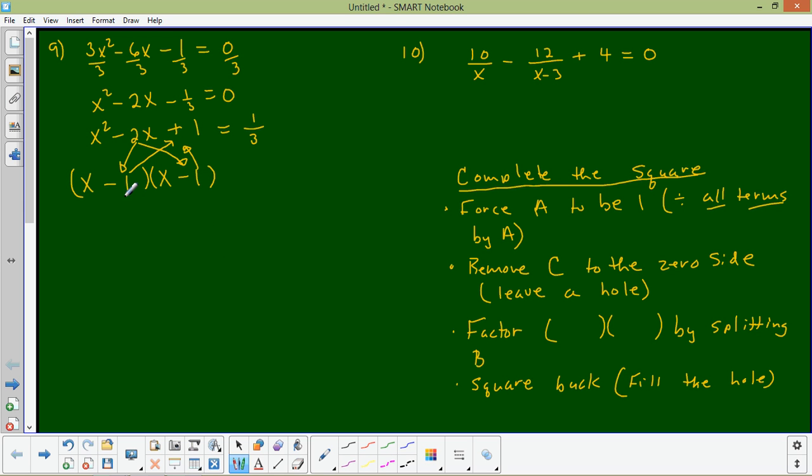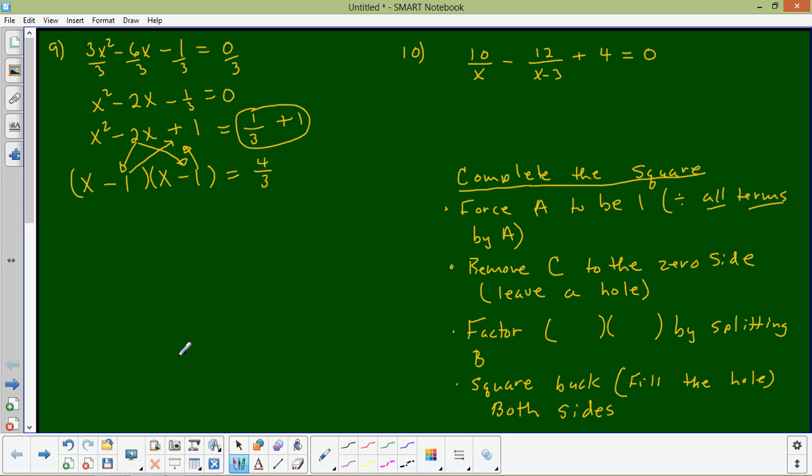Because when you multiply the last term times the last term, you get a plus 1. And you have to add that to both sides, right? So the next bullet point in the process also said both sides, all right? And what is 1/3 right here plus 1? I hope everybody understands that's 4/3. Make sure you understand why that's 4/3, all right?